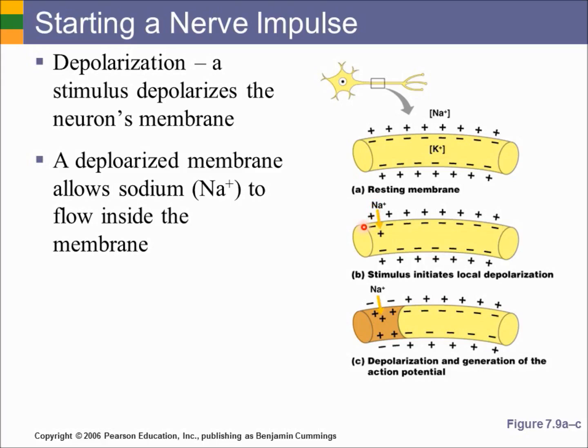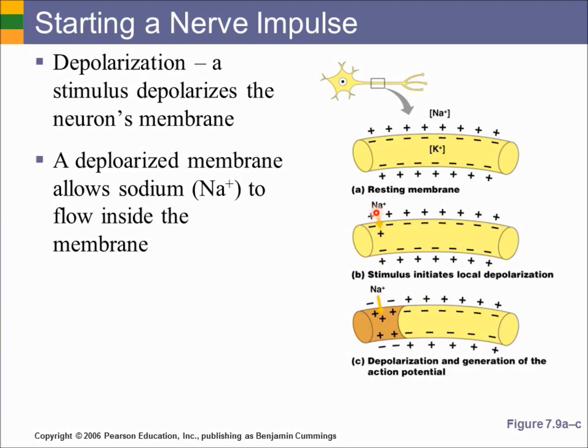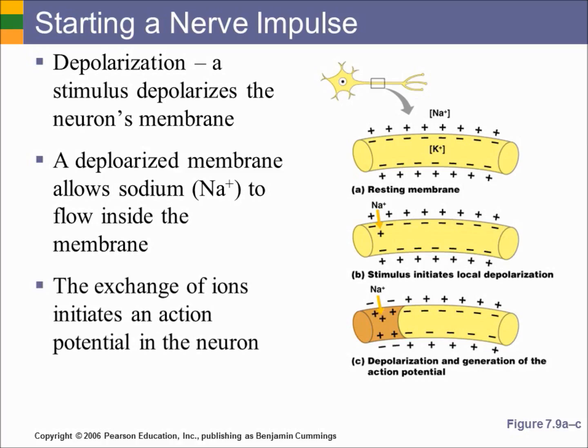Now, that stimulus can be a flash of light, a pinprick, anything that this membrane is responsive to, and it's going to cause sodium to flush in. And when sodium flushes in like this, we're going to exchange the charge. As more positive ions rush in, the inside becomes much more positive. And that is what we call the action potential. That's going to be the initiation of it at that point.